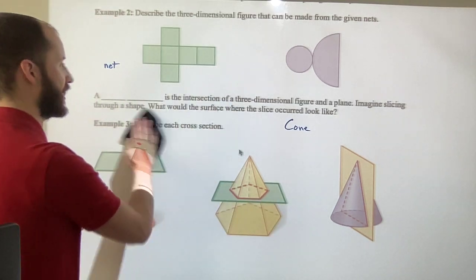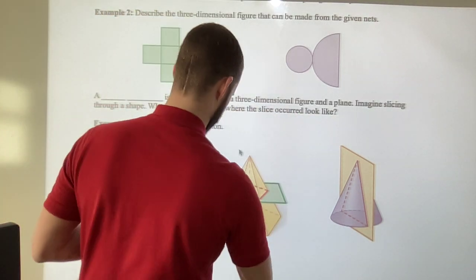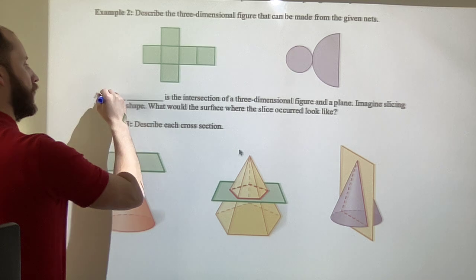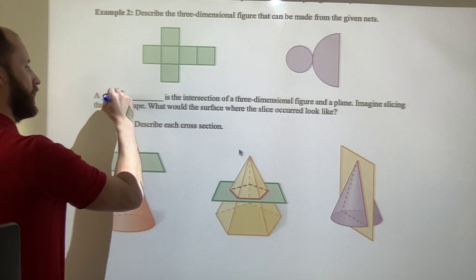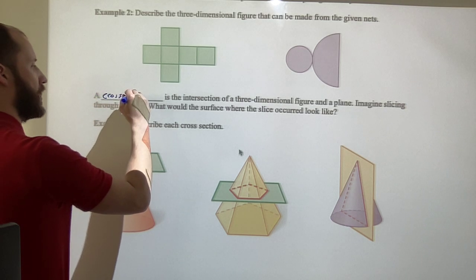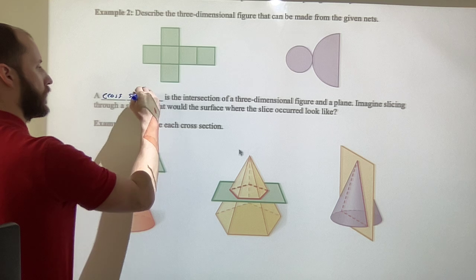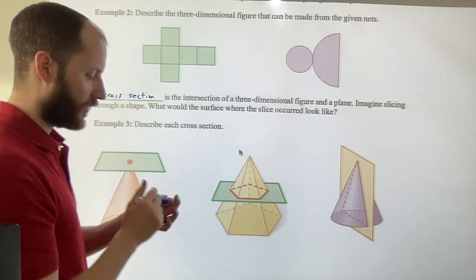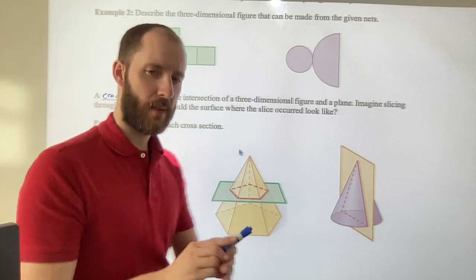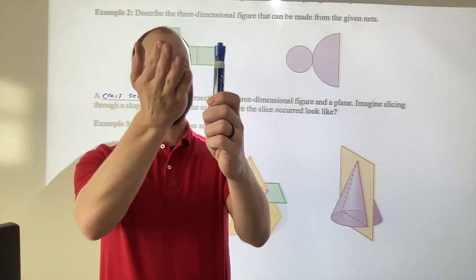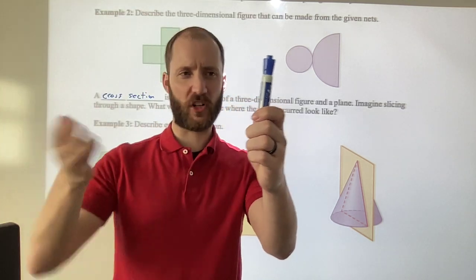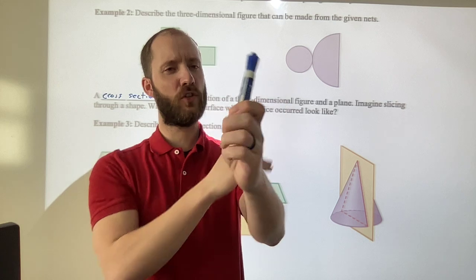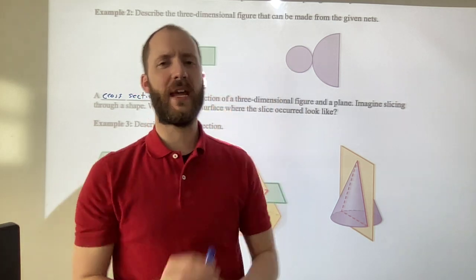For cross sections, a cross section would be if you were to take a shape and kind of slice it. So imagine you have a shape, but then you slice it with like a sword or something, and then you look at the slice you made.